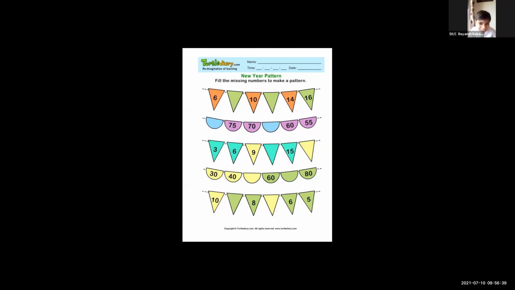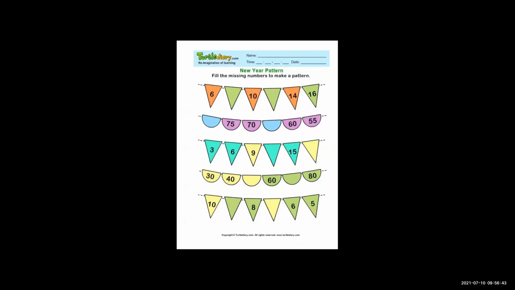Reyansh, on your screen some numbers are given, and we will go forward. See, here 55 is given, and after 55, 60 is given directly. So how much is the difference? Yes, very good, you are very intelligent. 65 is the answer.